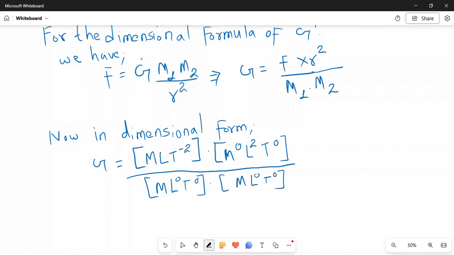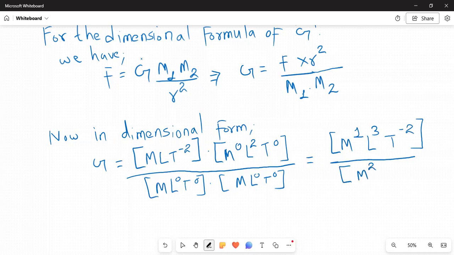Okay, the numerator will become M^1 plus 0, M^1, L^1 plus 2, L^3, and T^-2 plus 0, T^-2. We can ignore the zero terms in the denominator.